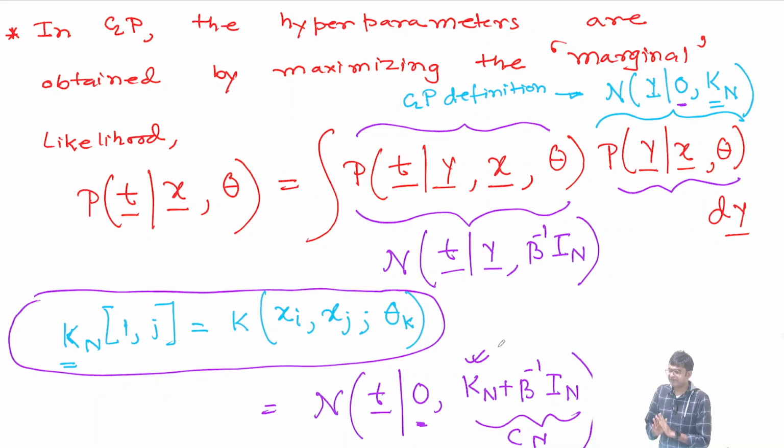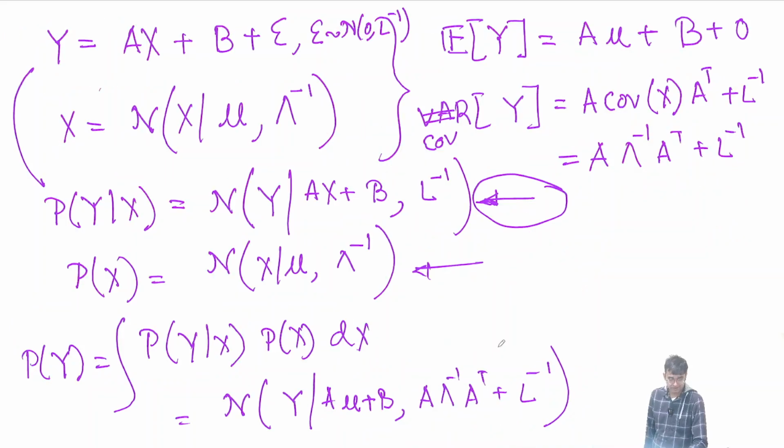If you are with me, then there is only one more step to be done, which is that I want to evaluate this integration. Right? If I have to evaluate this integration, I can see that it's a convolution of Gaussians. And convolution of Gaussians is Gaussian with certain parameter set. And what is the parameter set? If you write it in a generic way, these are the parameter sets that will be there.